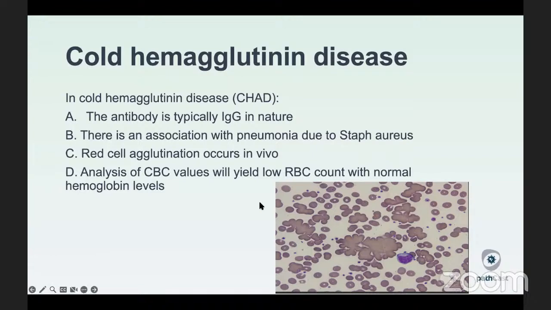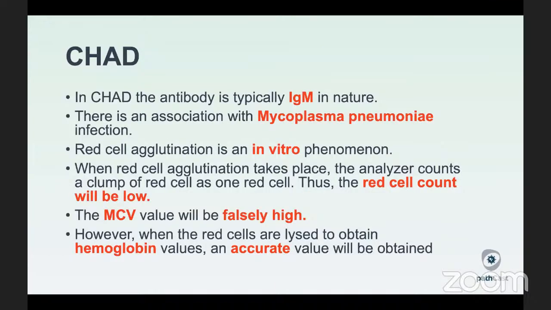But the hemoglobin level is normal. Why? Because to do hemoglobin analysis, we have to lyse the red cells, so agglutination doesn't matter in this case and it's going to be very accurate. MCV will be falsely high. You have to be familiar with what causes false high and false low MCV, false high and false low white blood cell count, and false high and false low platelet count.